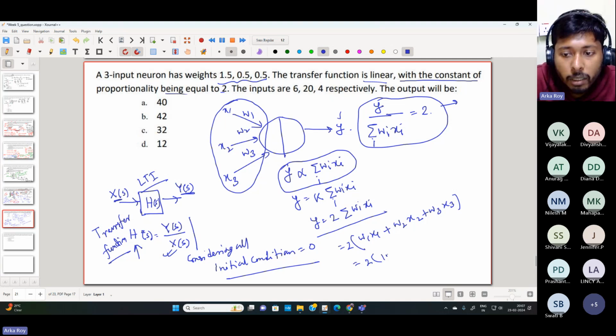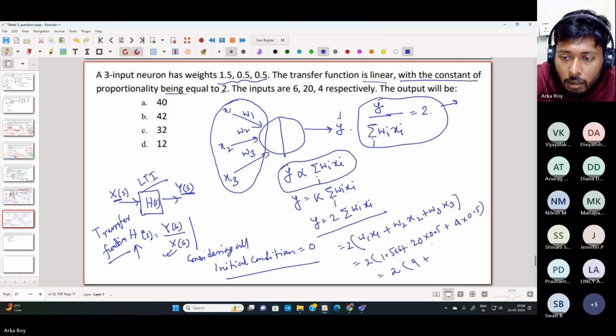This is 1.5 multiplied by 6, 20 into 0.5 and 4 into 0.5. So it is 2 multiplied with, this will be 9, this will be 10, and this will be 20. So 2 into 21.